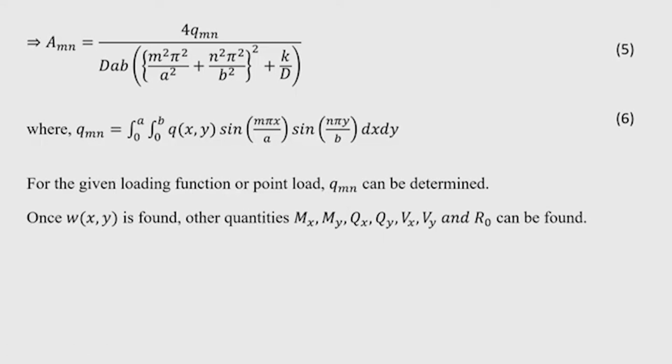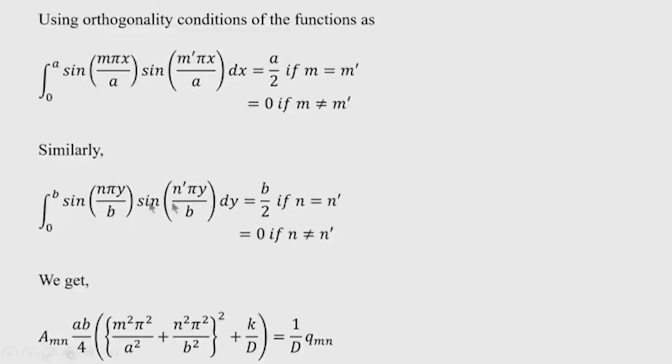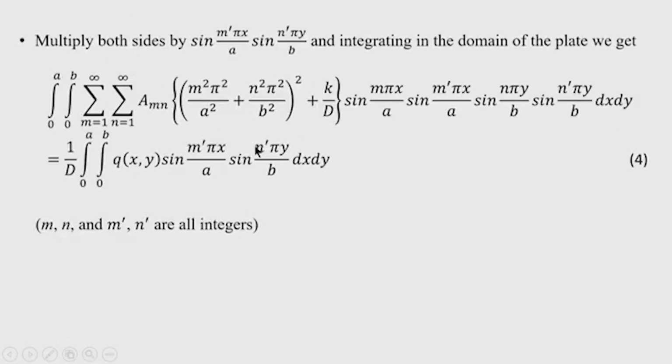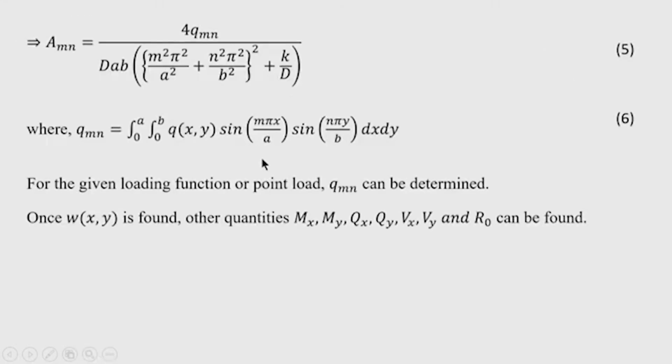Now, once we determine w, the complete series, after finding the A_mn, then other plate quantities can be found out. So, what are the other plate quantities?